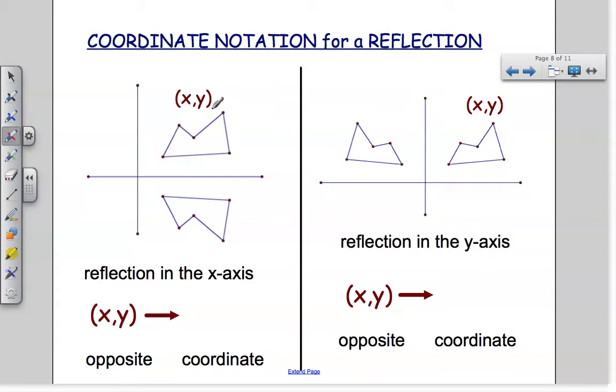I have x comma y as the original figure. My image would be the one not labeled. And what I want to do is look at what happens to the x and y values when you do these reflections. What happens to every point? Originally it's x comma y, whatever these might be. But now I'm going to this new shape.